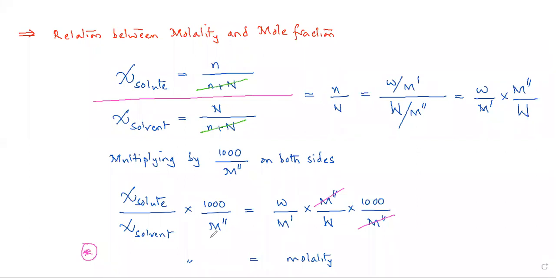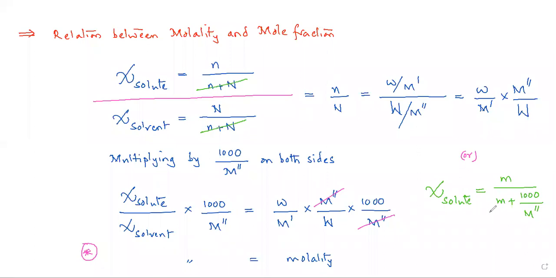Or else I have another relation. Yes. It goes this way. Mole fraction of the solute is equal to molality by molality plus 1000 by m double dash. The small m here, remember, refers to molality.